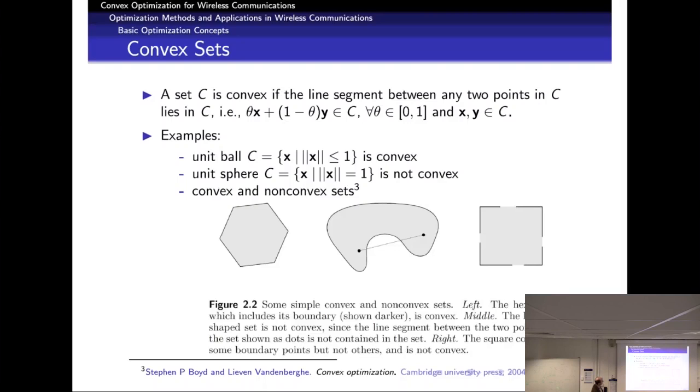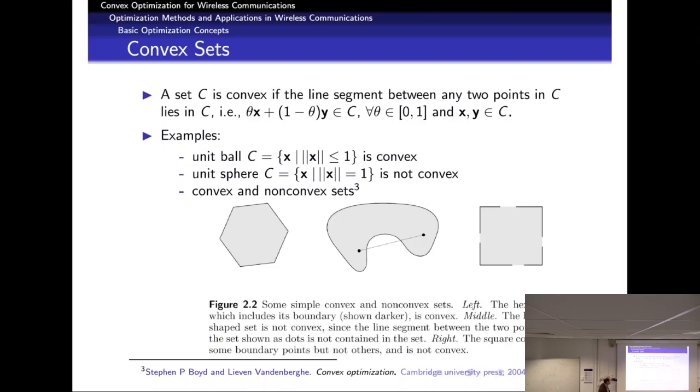For theta between 0 and 1, you take any point from X all the way to Y. And this set is convex if for any 2 points X and Y, the line between those 2 points is also in the set.